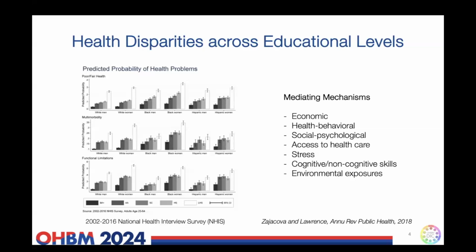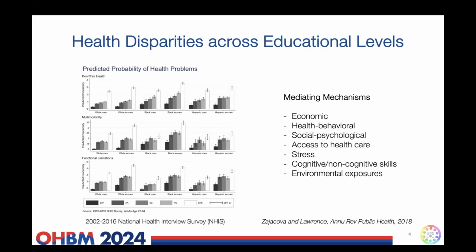Studies have shown that health disparities are associated with educational levels. In this study using the National Health Interview Survey between 2002 and 2016, they found that more educated adults were found to have improved health and longevity than others with low educational levels.